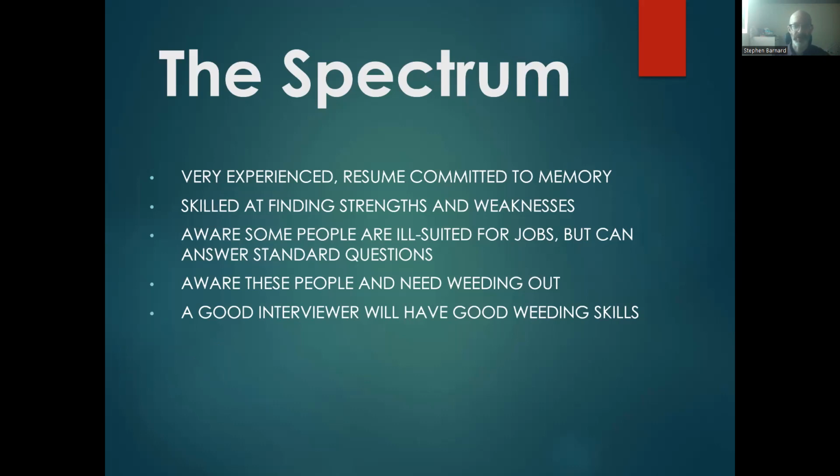A good job interviewer knows that the person sitting in the chair will say anything in order to get a job. A good job interviewer will be able to see who is actually ill-suited for the job, even though they can answer standard questions. I compare this to weeding, cutting out the weeds in a garden. Bad interviewees need to be cut out or weeded out. And a good interviewer has good weeding skills.